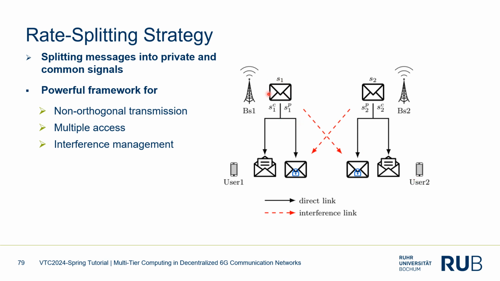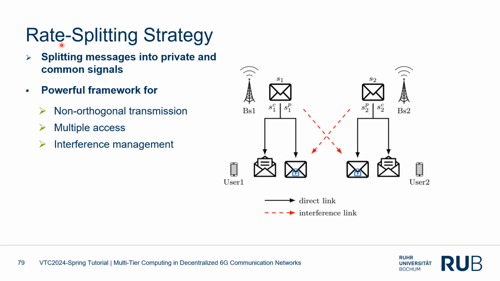So this message gets split into two parts, one part of which can be decoded at other users so that it does not produce interference. And the other part is the private message, which still produces some level of interference, and we can dynamically switch the allocation of both common and private parts to manage different situations of interference levels.